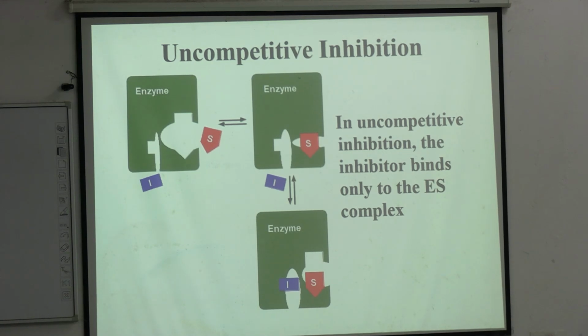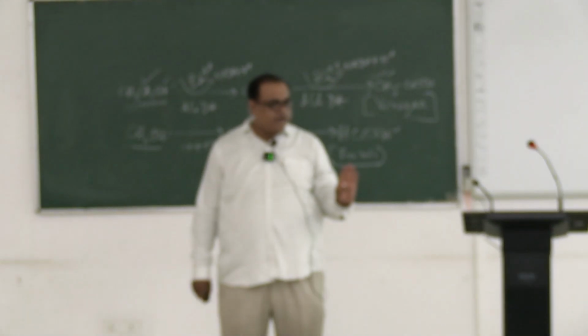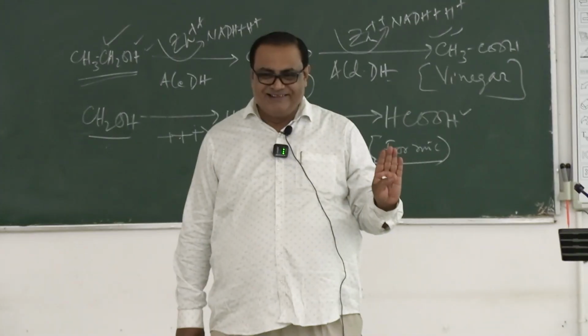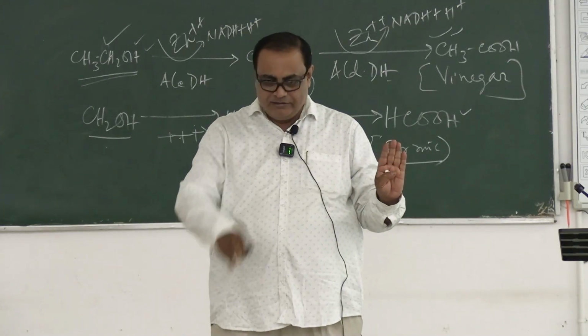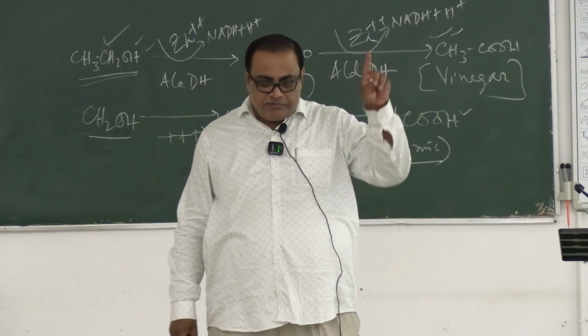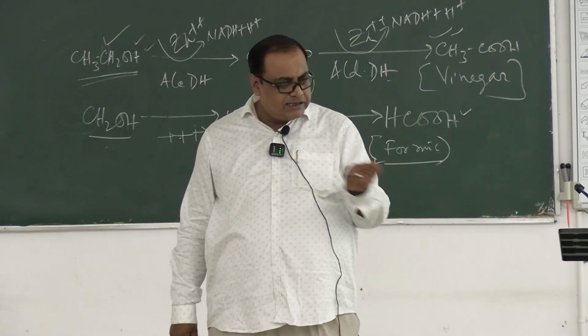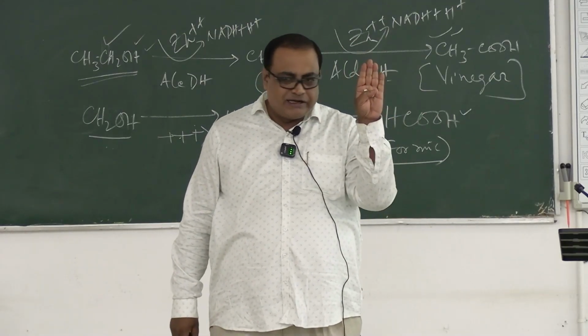What is the difference? See the last flowchart of non-competitive? Just cover the left hand side horizontal reaction line. E plus I, EI plus S, ESI, just cover the left hand side.